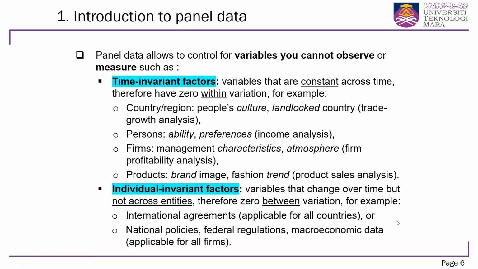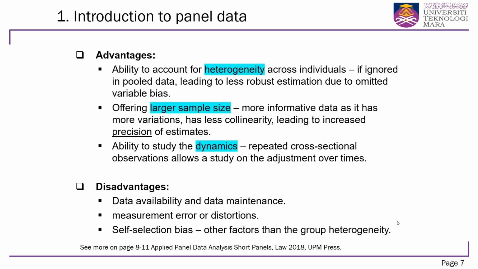Okay, now we come to the last discussion in topic one, the advantages and disadvantages of panel data. As for the advantages, we know that panel data has the ability to account for heterogeneity across individuals.